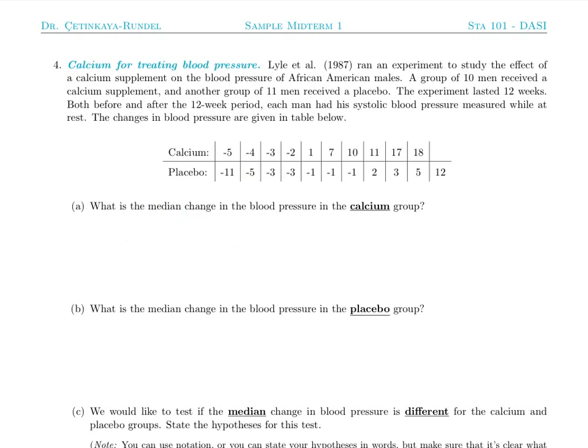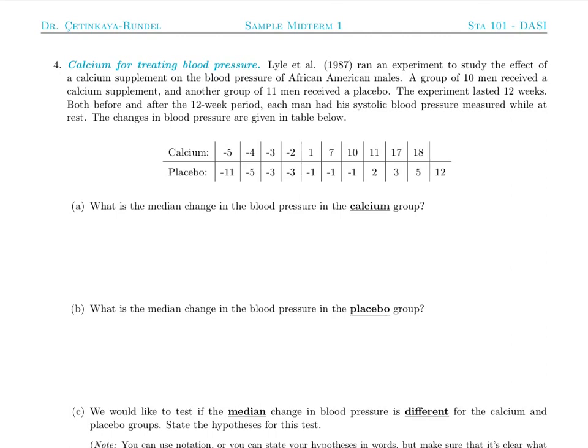Okay, ask me some questions. So what are we trying to do here? Explain to me what we're trying to do here. For part A, it was asking just what the median of both the different treatment groups were. So let's find their medians.